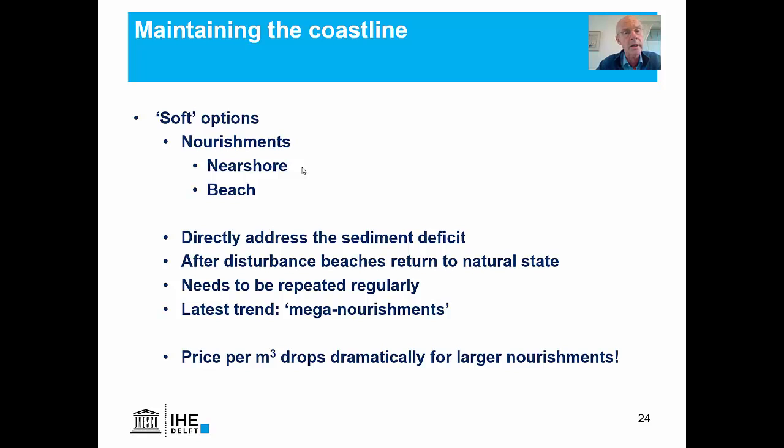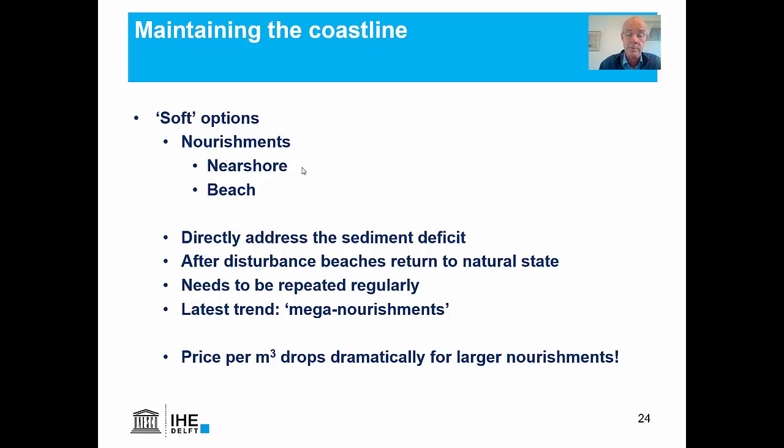Just a few words on maintaining the coastline. We have had a lot of good experiences with soft options, with nourishments, both nearshore and on the beach. And the good thing is that this directly addresses the sediment deficit.